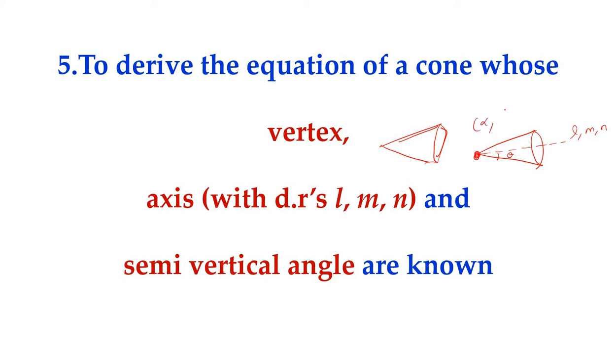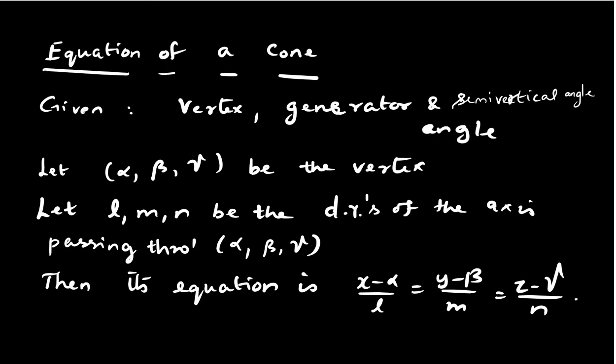So suppose I take the vertex as alpha, beta, gamma, and the direction ratios as LMN, and this angle is known. What will be the equation of the cone given all this? So that's what we are going to see.